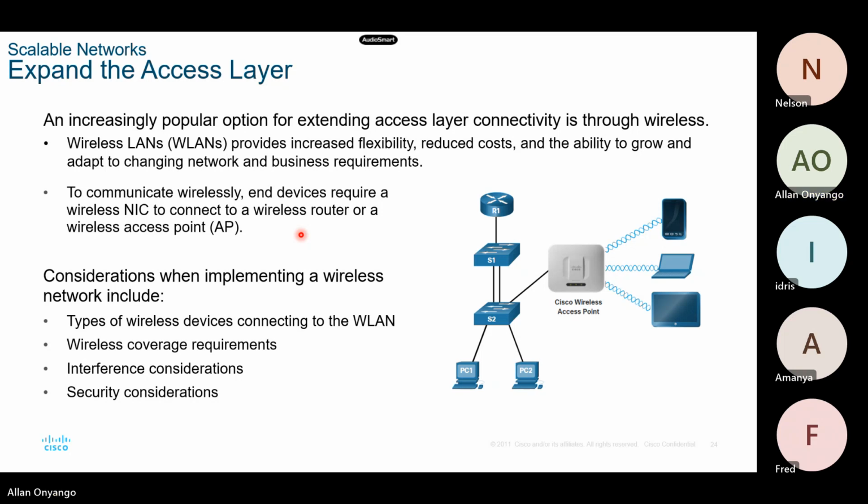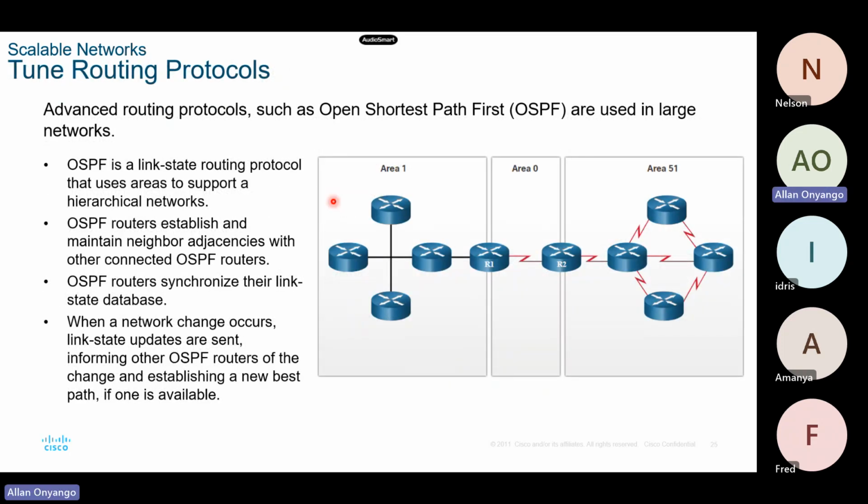Okay. And so wireless networks using access points and even wireless routers is a very brilliant idea. And this, of course, comes with a mobility factor in it. Finally, scaling networks also needs us to use some dynamic routing protocols.